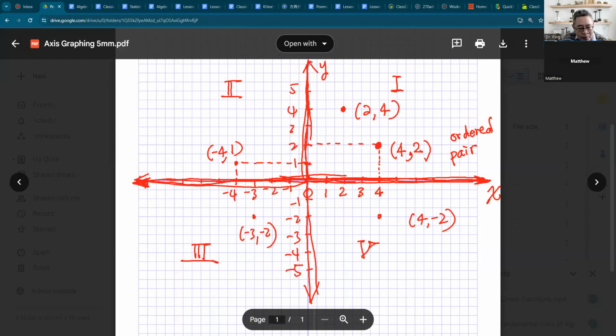Same thing here, a point on the line is not in any quadrant. They are in between quadrants. For example, this point is (4, 0), because if you look at the y-axis, you hit 0 here. And that is not in any quadrant. Or this point is (5, 0), and it is not in any quadrant. Good so far?